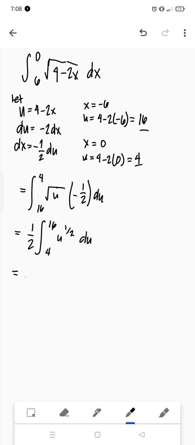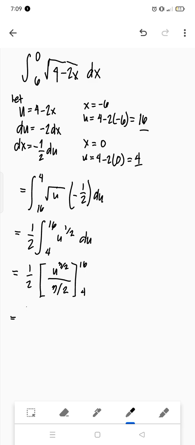And so next we have 1/2. Here we have u to the 3/2 over 3/2. This is from the power rule. Then we put there the 16 and the 4, and after that we will put this 3/2 in the denominator outside.